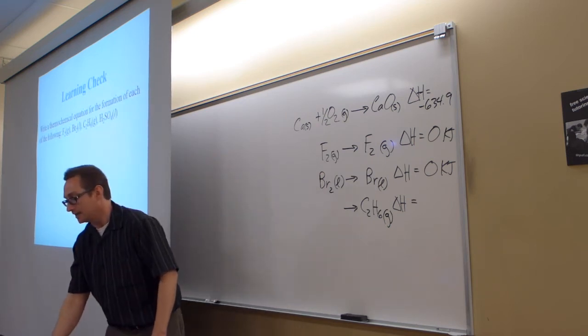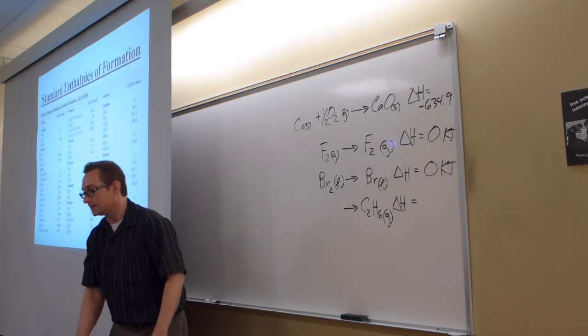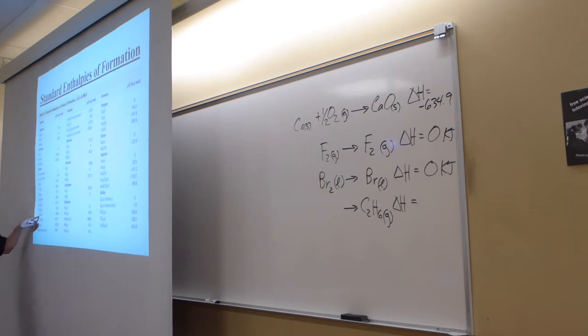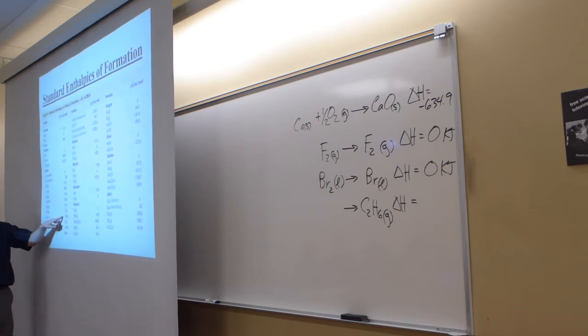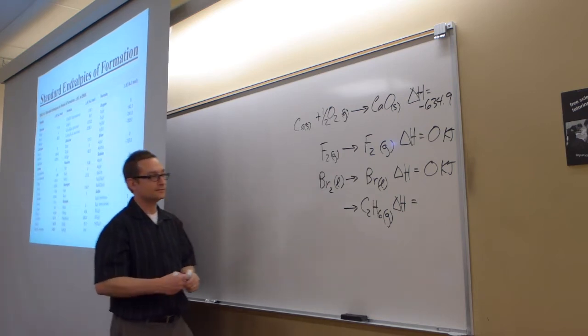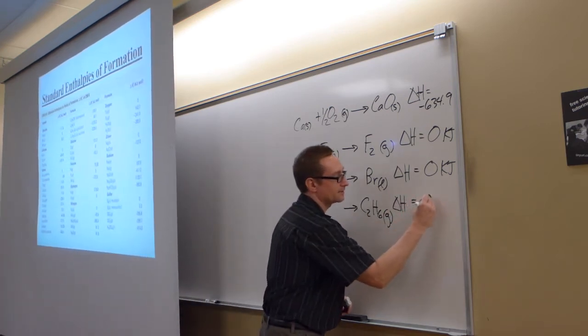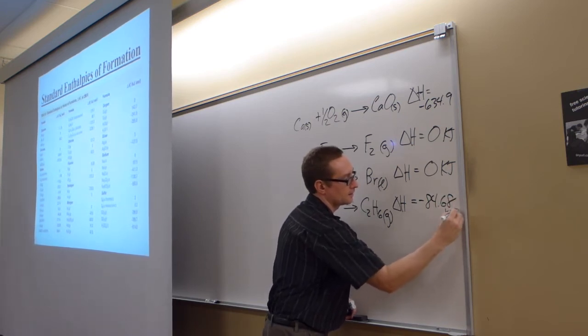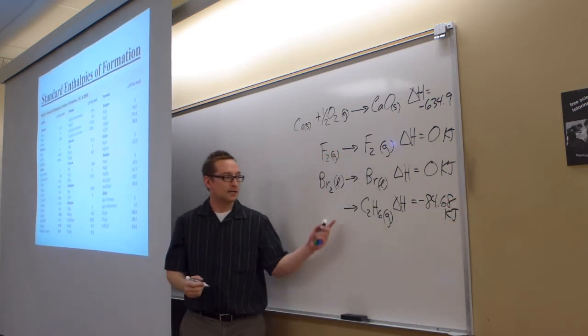If you look up C2H6, you can find it here. C2H6 gas, that's negative 84.68. So you would write here negative 84.68. How can I complete this reaction?